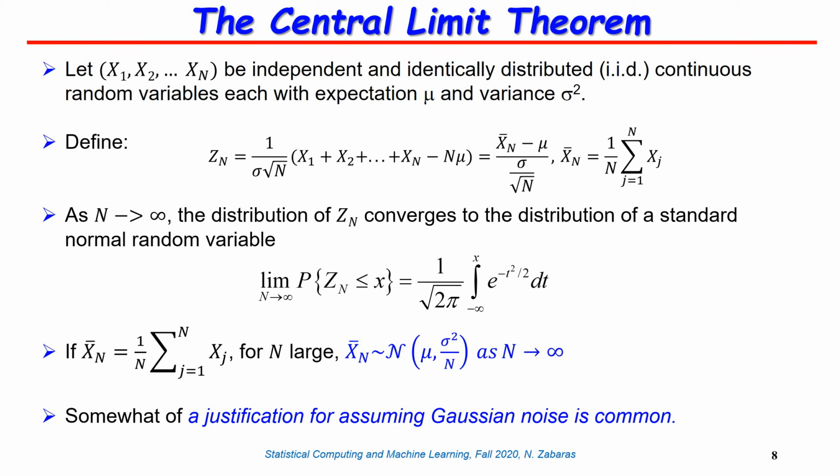Obviously you can make a connection, and we will see in examples that the central limit theorem has a lot of applications. For example, when you use models and you try to introduce some noise in the model, you always introduce additive noise, and the noise that you introduce that way, you take it to be Gaussian.